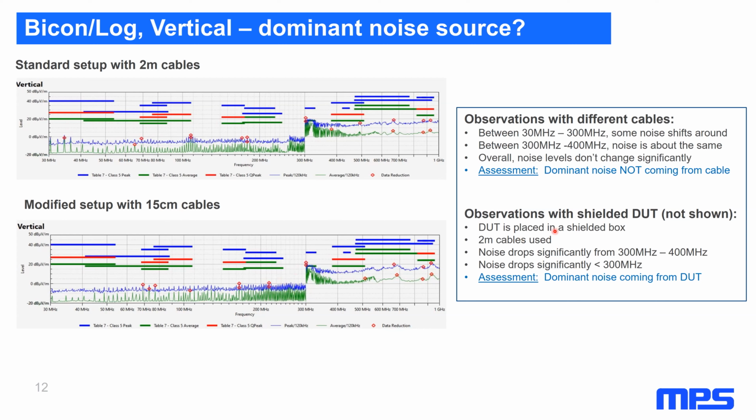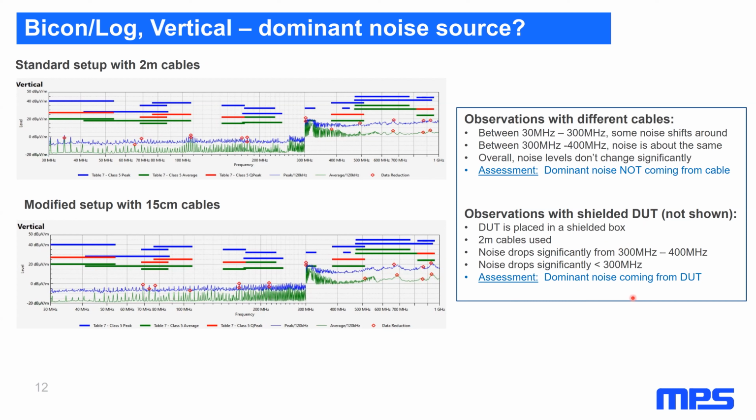I don't have plots for the shielded DUT for this case, but I did run the same experiment as in monopole, but for these antenna ranges. I got something very similar: all the noise in this area from about 400 megahertz down to 30 megahertz was significantly attenuated once I put it inside a shielded enclosure.